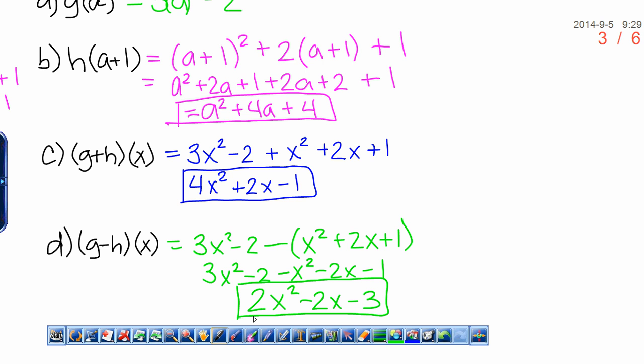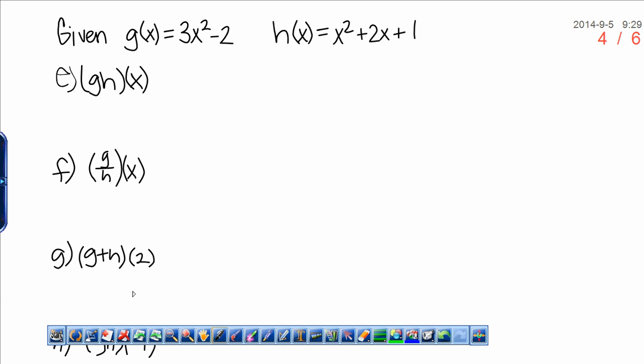Okay, we're going to use the same functions. So I rewrote them at the top of the slide, but they're the same functions that you already have written down. And let's do gh of x. Yeah, same givens. gh of x.